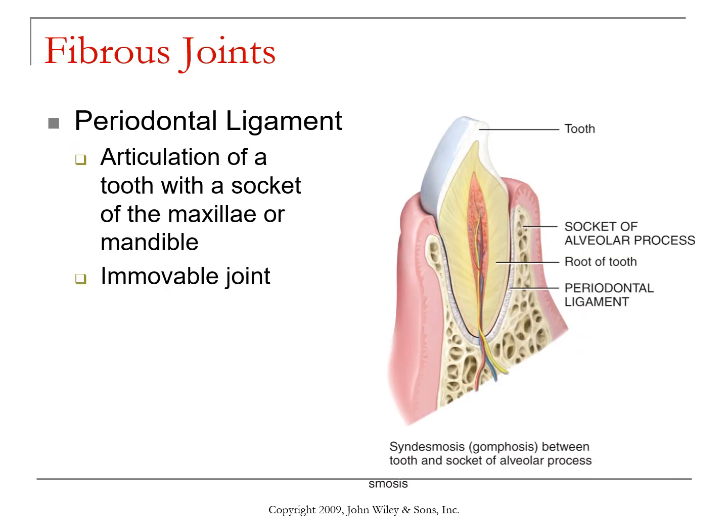Our last example of a fibrous joint is the periodontal ligament. These are the fibrous tissues that hold teeth in place within the jaws. I must reiterate that teeth are not skeletal structures. Teeth are organs of the digestive system.